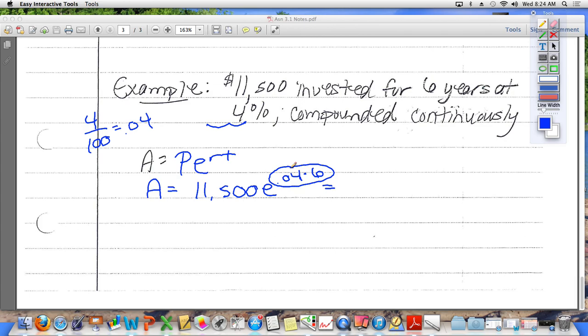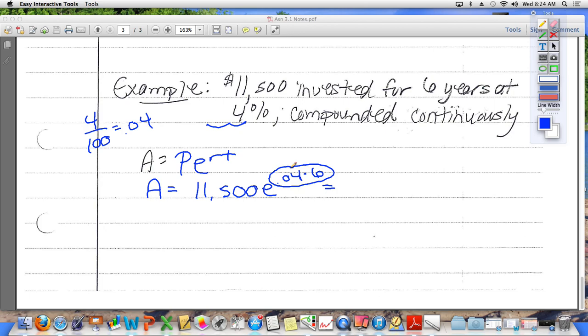When you get an answer, let me know. We'll see if we agree. Miss Morgan, when you do second ln, it comes up as e to the power of. Yep. You could stick the 0.04 times 6 into parentheses. Yes, you certainly can. Type in 11,500 first.